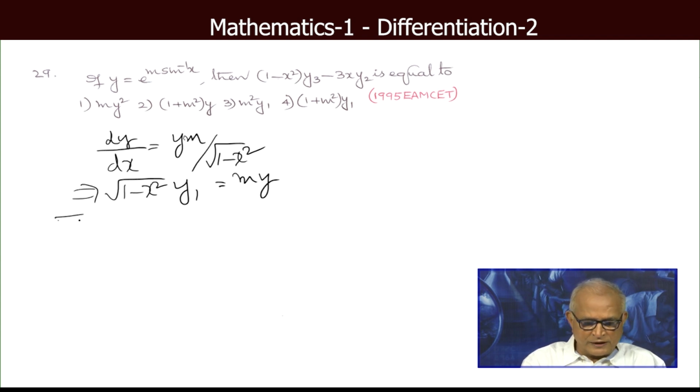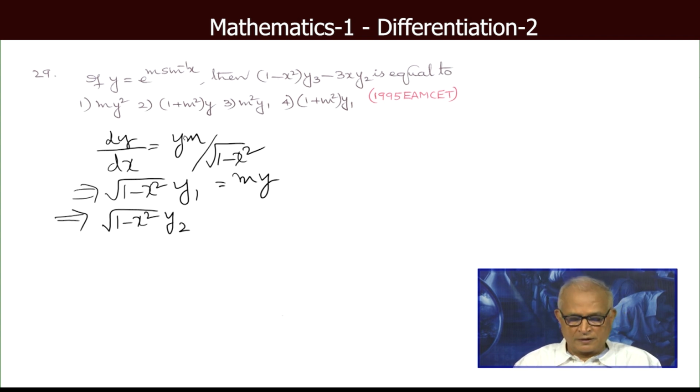Now, differentiate both sides with respect to x. 1 minus x square into derivative of y1 with respect to x is y2. Product rule here, because root of 1 minus x square into y1 is the product of the two functions root of 1 minus x square and y1. So, in the product rule, first function into derivative of second function plus the second function into derivative of first function, that is minus x by root of 1 minus x square.